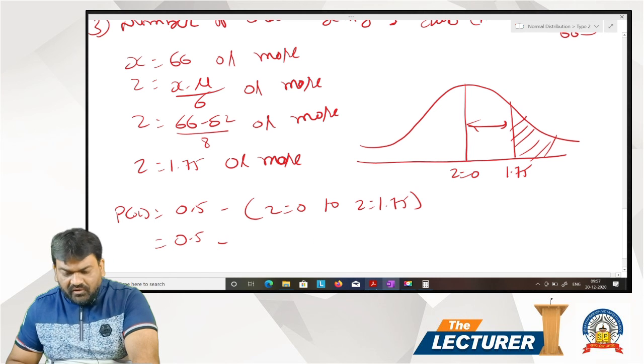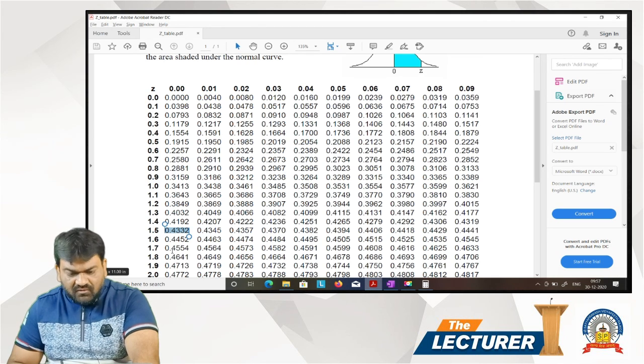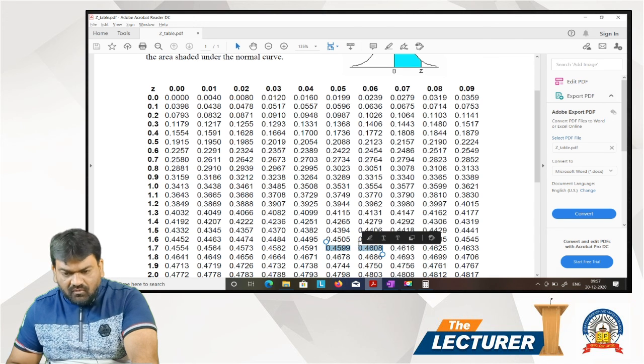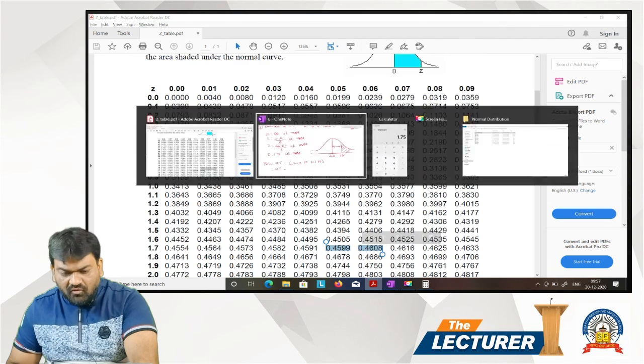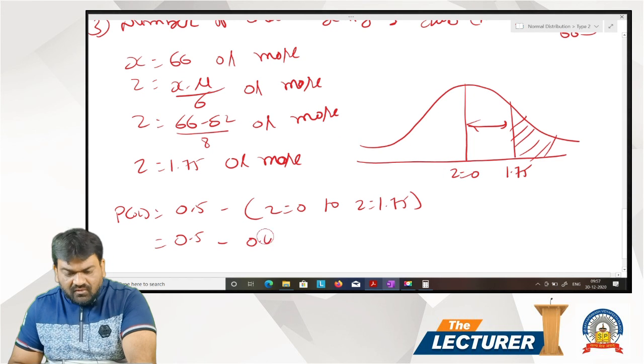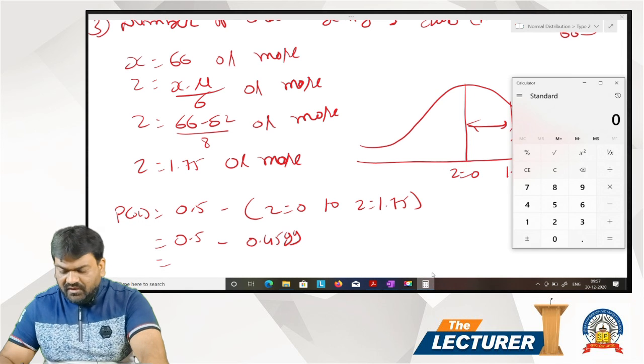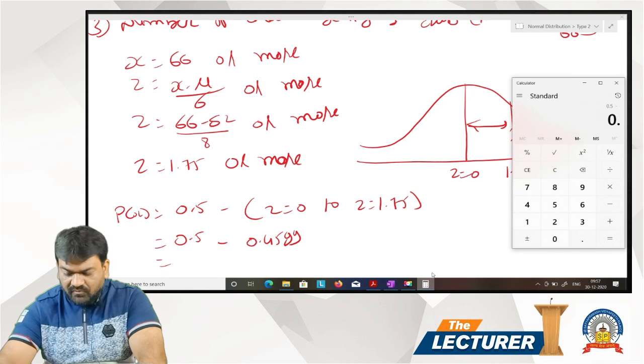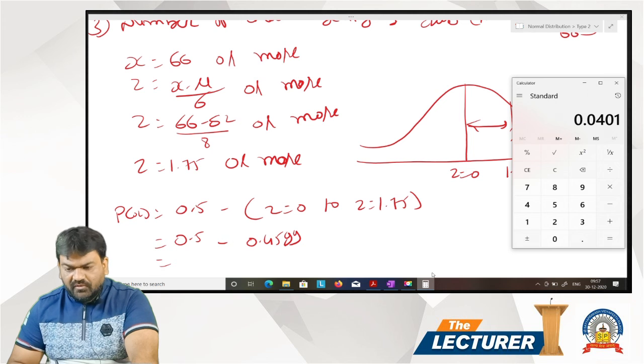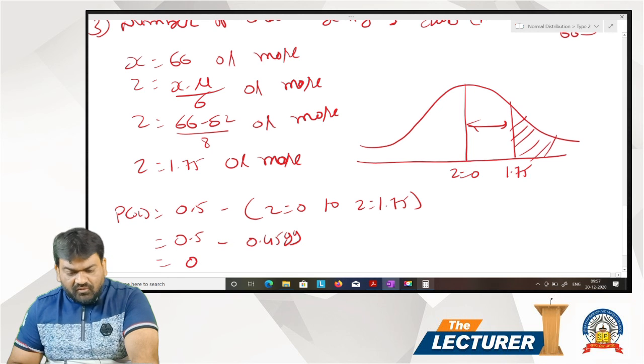From the table, 1.75 gives 0.4599. 0.5 minus 0.4599 is 0.0401.